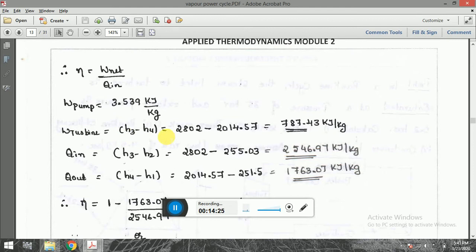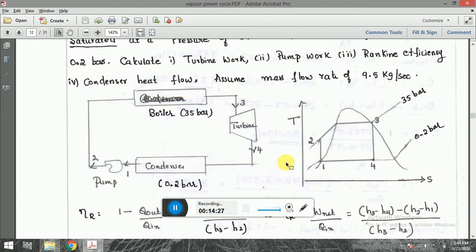Looking at the diagram, turbine work is H3 minus H4. Pump work is H2 minus H1. Rankine efficiency is turbine work minus pump work divided by heat input. What is heat input? H3 minus H2.